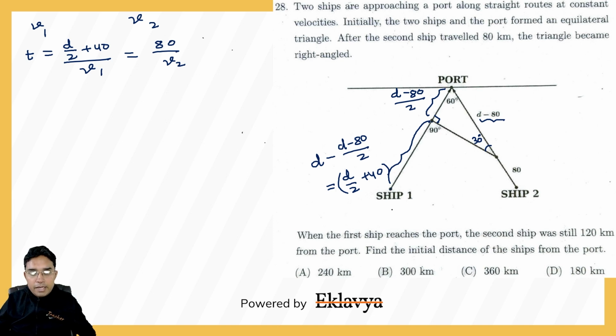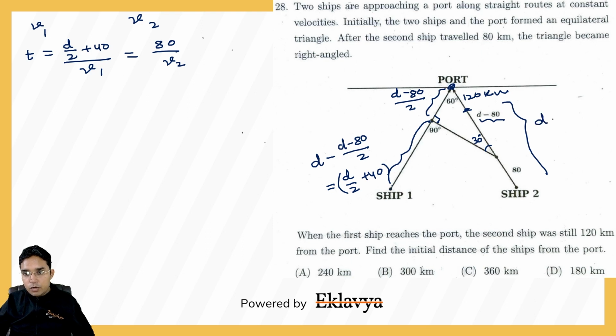Okay, now what they are saying: when the first ship reaches the port, the second ship was still 120 kilometer from the port. That means when this ship 1 will be here, this will still be such that this distance is 120 kilometer here.